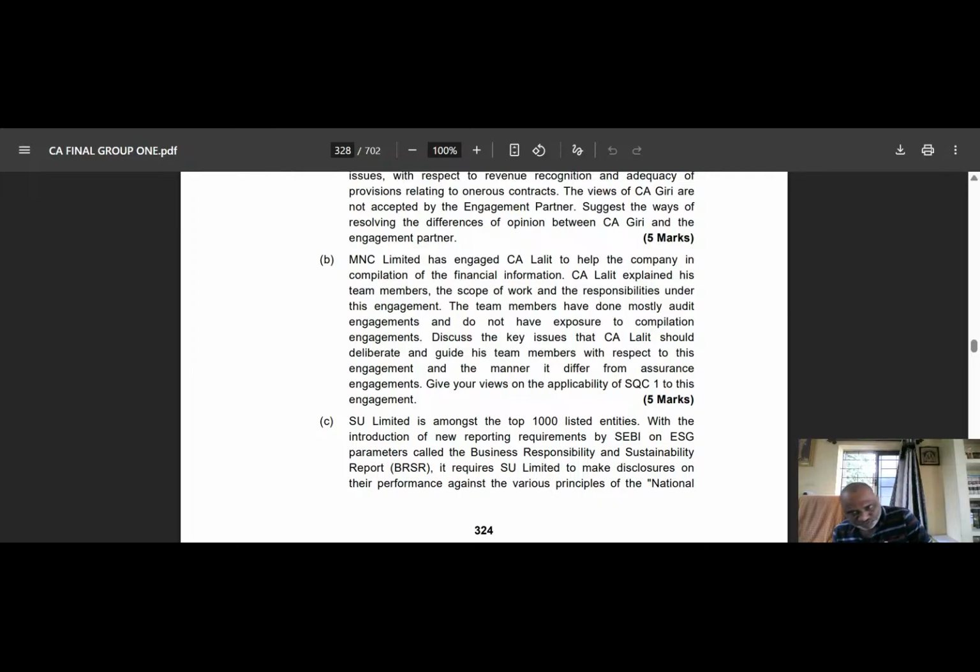Management may request a professional accountant in public practice to assist with the preparation and presentation of financial information of an entity.